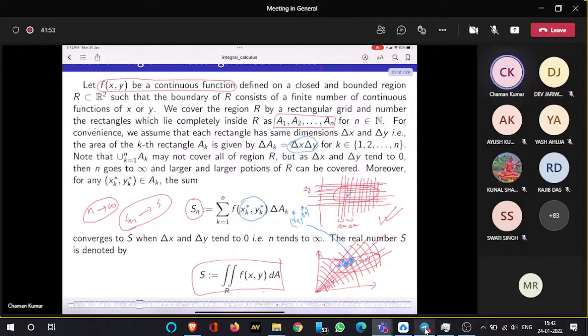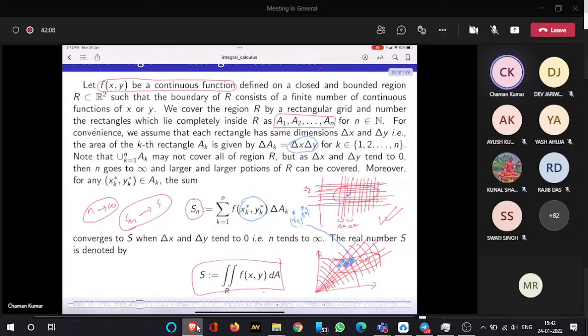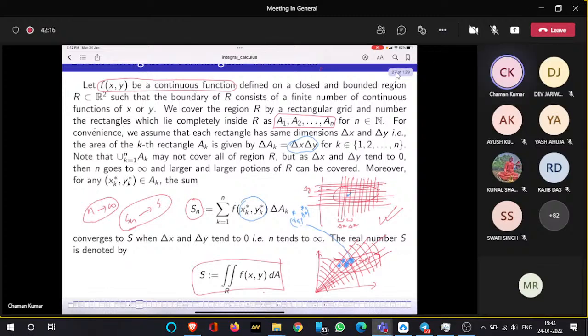Now in the rectangular coordinate, you have three axes, x, y, and z. So in the rectangular region, just like in the two-dimensional case, we will plot lines parallel to the x-axis, lines parallel to the y-axis, and lines parallel to the z-axis. So you will have a cuboid there. Okay. So you can find the volume of the cuboid, which will be delta x into delta y into delta z.